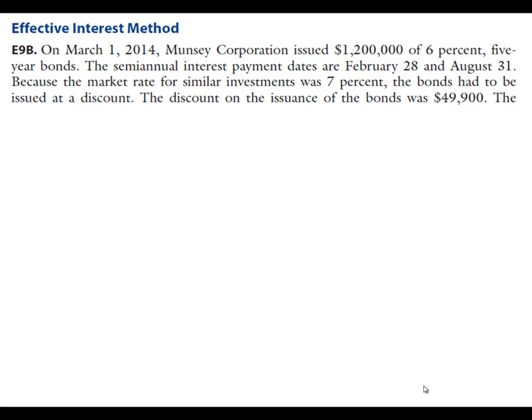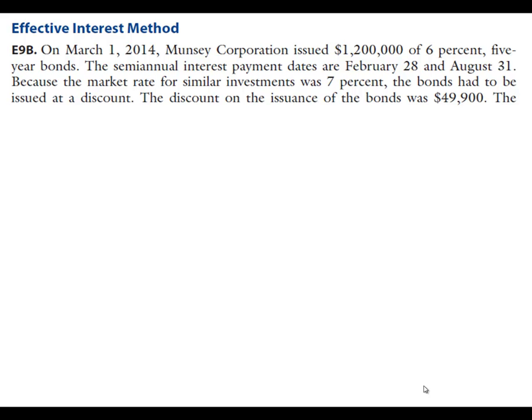So it says that the market rate for similar investments is 7%. What that means is someone could go and get an investment very similar to the one we're looking at here, and they can earn 7%, but we're only paying 6%. So what we have to do in order to get people to invest in ours and to buy our bonds is offer them a little bit of a discount, basically kind of put them on sale.